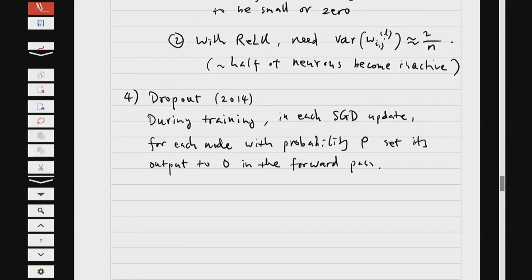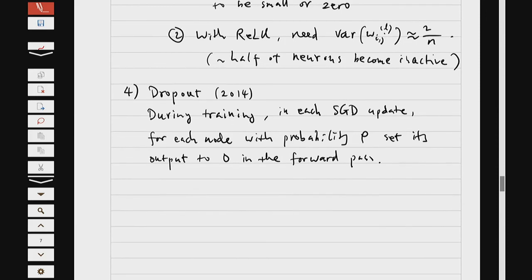How does this help anything? First of all, there's no strict, rigorous mathematical reasoning behind this. But at least we can see a little bit when we look at our formula for the gradient. For this partial derivative, it's equal to x_j^(l-1) delta_j^(l). Right here, you can see that if you set the output to be 0, then the gradient becomes 0.